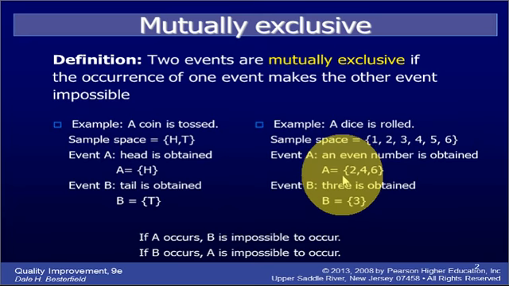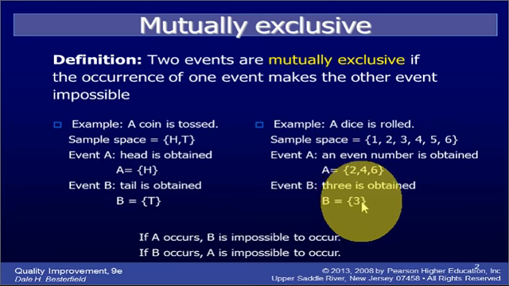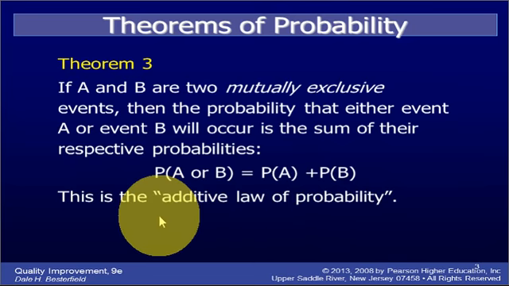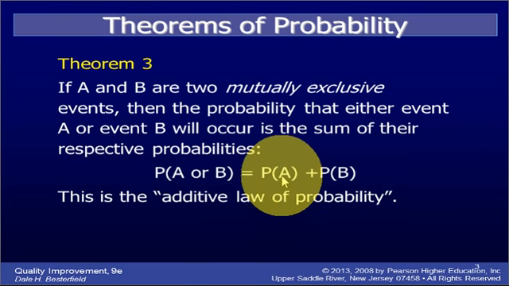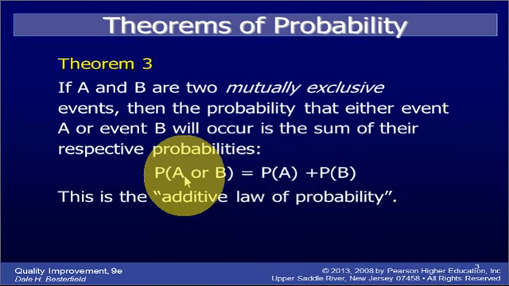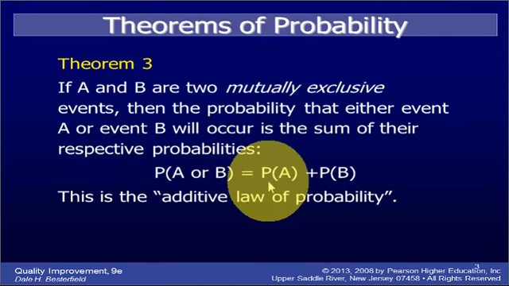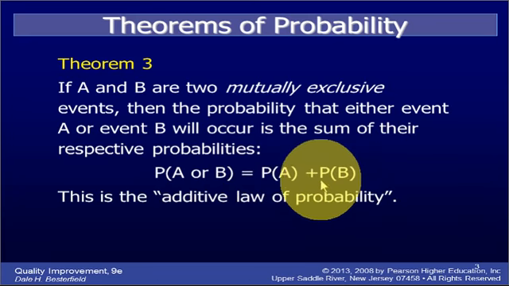So there's no overlap for the outcomes for event A and event B. Theorem 3 says that if A and B are two mutually exclusive events, then the probability that either event A or event B will occur is the sum of their respective probabilities. This is because A and B have no overlap in the outcome, so if either A or B occurs, then you can just use the sum of their respective probabilities.